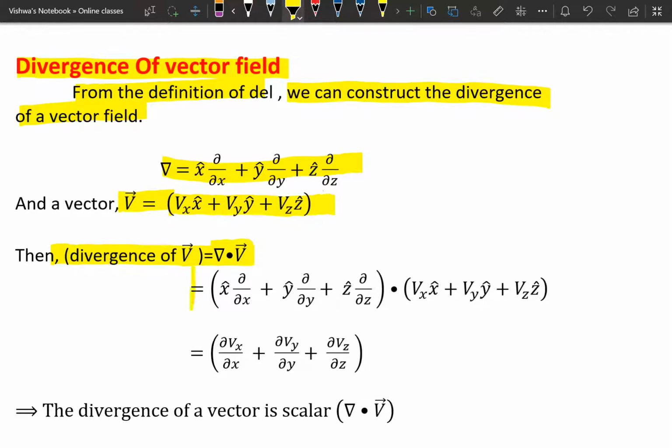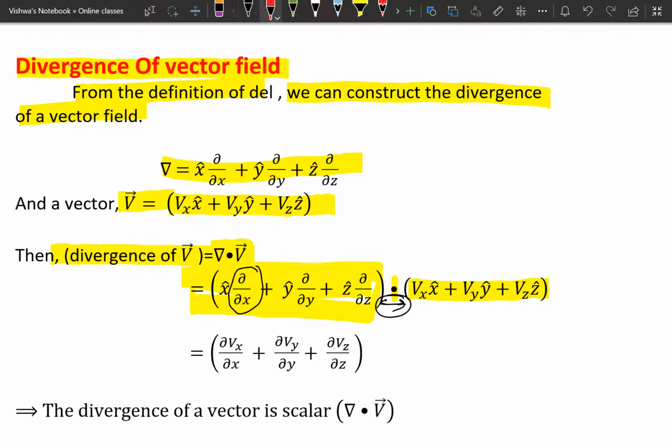First write the del operator. This is the del dot product with a vector field V. Now here we have to operate these two vectors. First we have to partially differentiate the given vector field with respect to x.